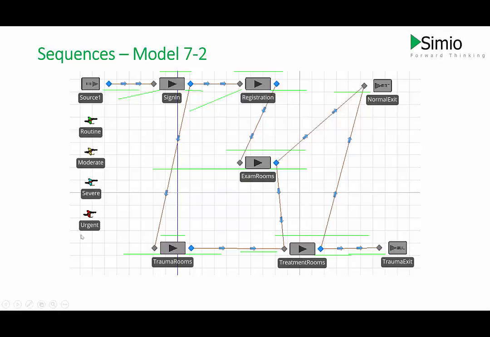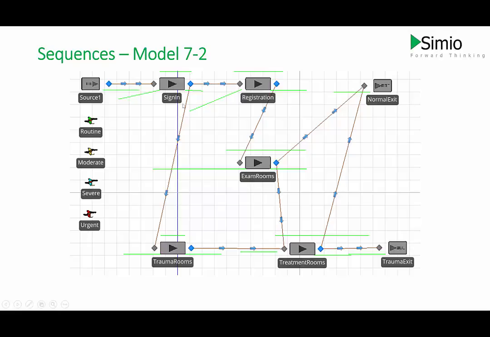And we have different patient types that will follow different routes through our emergency department. So the routine patients will go from the source to sign-in, from sign-in to registration, registration to exam rooms, and exam rooms out. The moderate and severe patients will go to the treatment rooms after the exam.